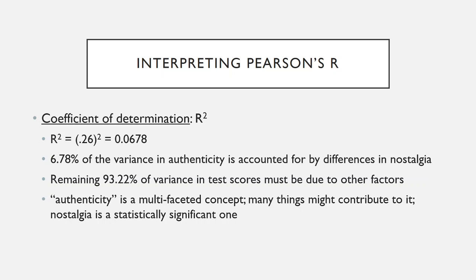So nostalgia is sort of an unexpected chunk of the variance in the construct of authenticity. So despite the fact that it's not overwhelmingly helping us understand the amount of authenticity that somebody feels they are, it's still a meaningful component. But it's important to keep in mind that if we're dealing with complex, multifaceted constructs, it's okay that it's a relatively small correlation. It's still significant, and it still has a surprisingly large chunk given how distinct nostalgia is from authenticity.